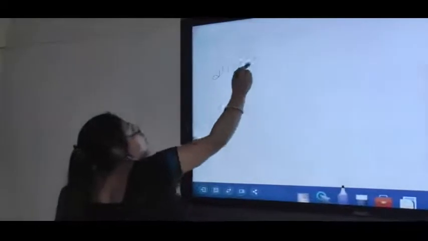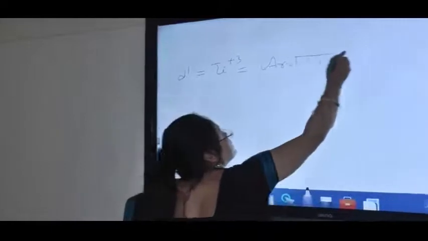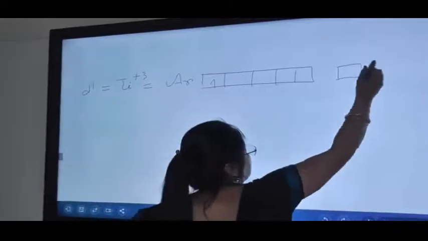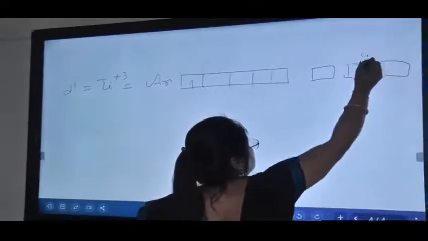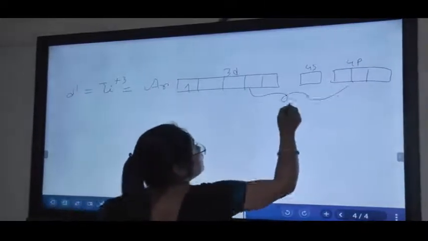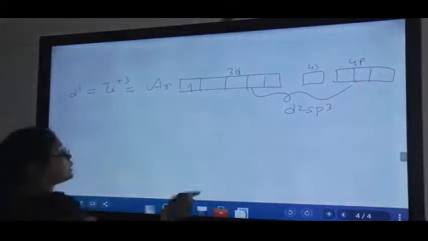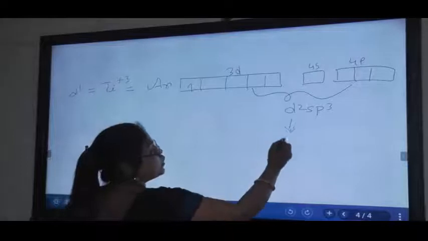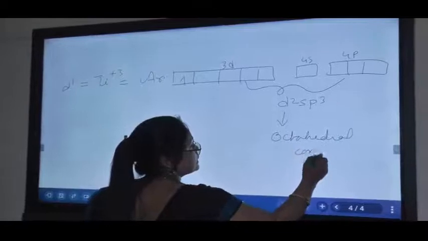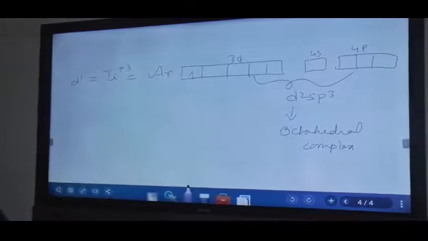Now, d1 configuration of titanium +3, with 4s and 4p. This is 4p, 4s, 3d. This can very beautifully undergo d2sp3 hybridization. That means it is capable of forming an octahedral complex. So, since it is capable of forming an octahedral complex, any ligand can combine with it.